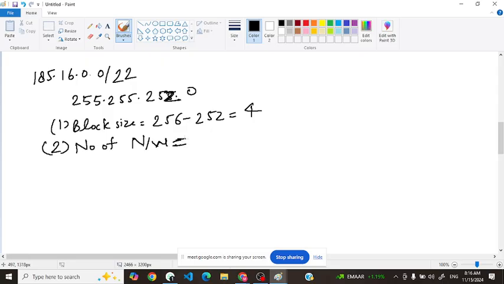Lakshman, what is the number of networks? 2 to the power 6. Is it clear for you, Abdul, how we are calculating 2 to the power 6?